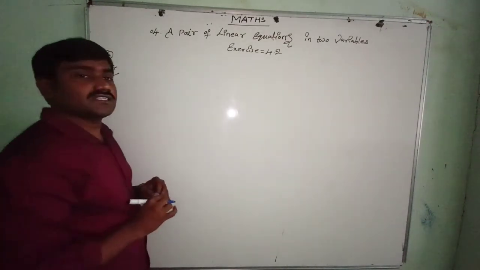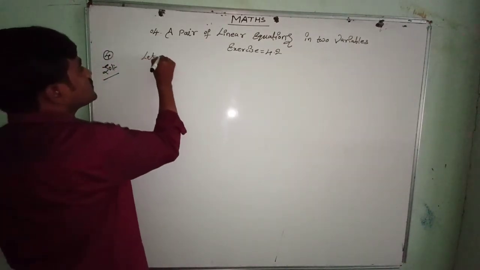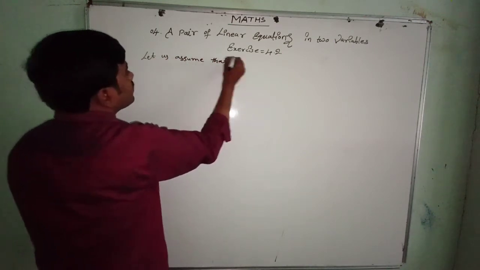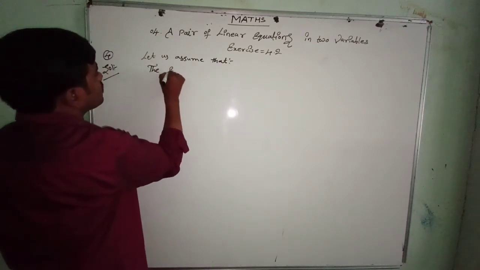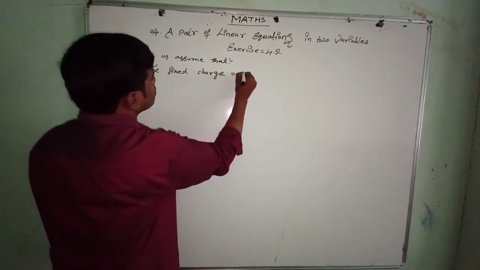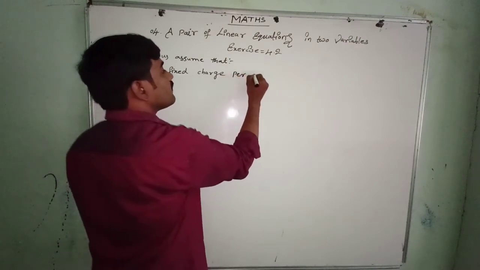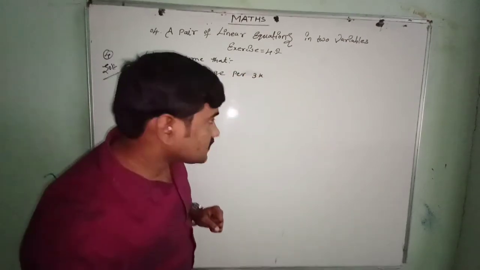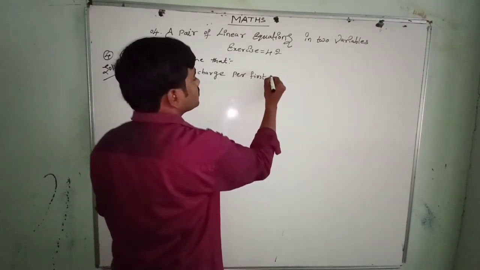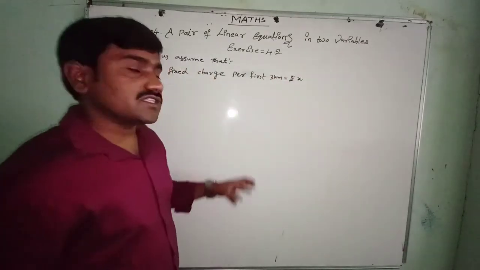Okay, let us assume the fixed charge for the first 3 kilometers is equal to rupees x. For the first 3 kilometers they charge x.